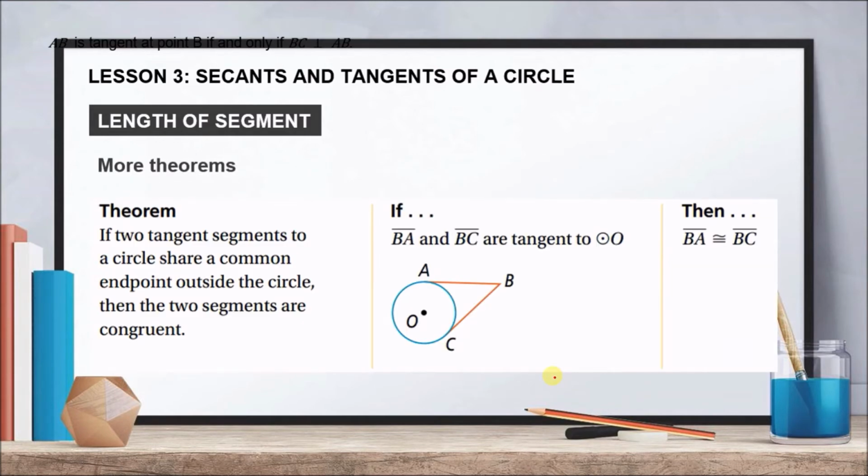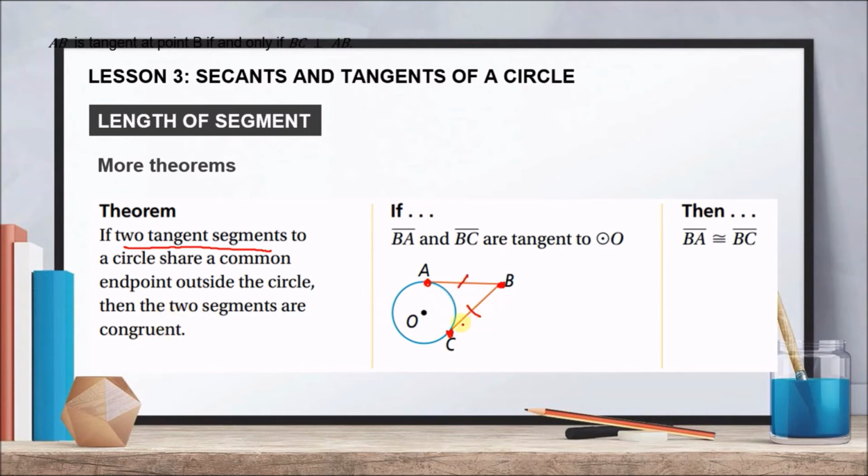More theorems again. Kapag may dalawang tangents, if you have two tangent segments that actually touch the circle at an exterior point, with their corresponding points of tangency, nagkakaroon tayo ng equivalent segments kung tawagin.